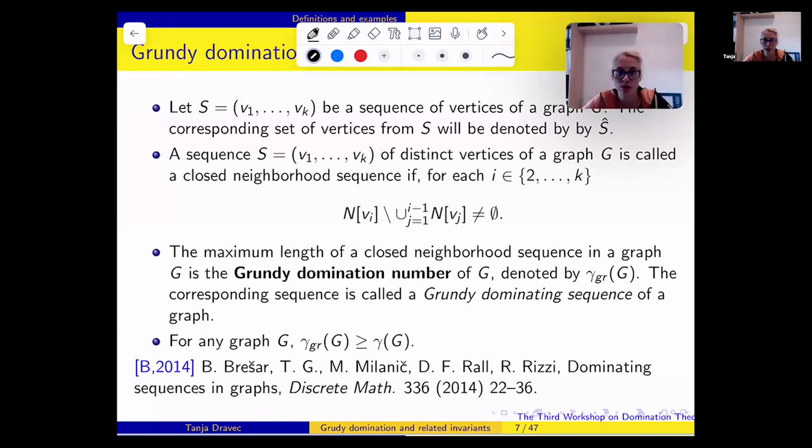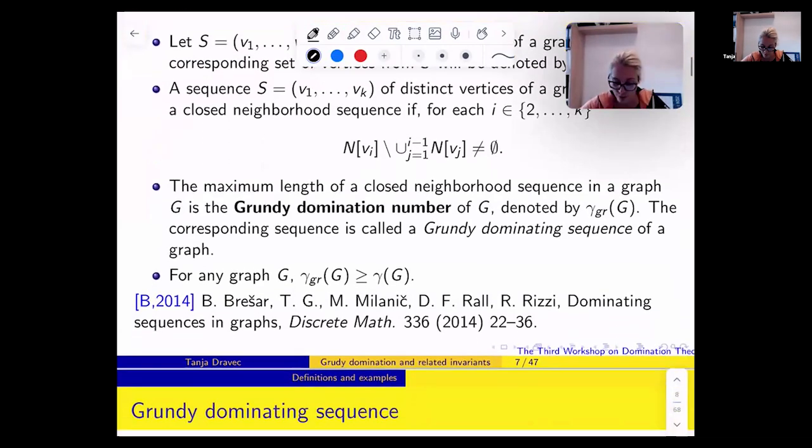The maximum length of a closed neighborhood sequence is called the Grundy domination number of a graph. If I take the longest possible sequence and the corresponding set, then this set is a dominating set. Thus, Grundy domination number is an upper bound for the domination number.